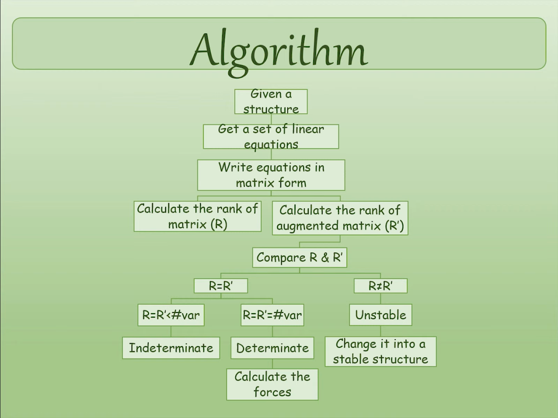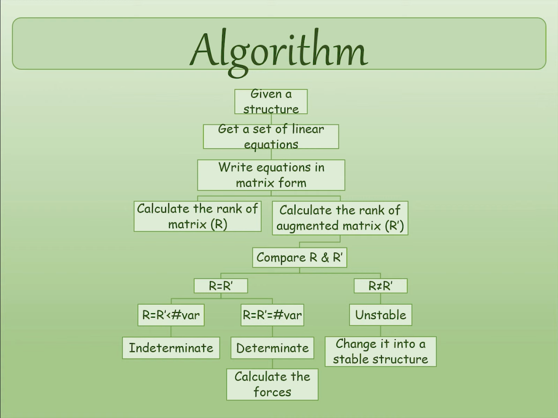If R equals R prime, we know there is one or more solutions to this linear system, which means the input structure is stable. Under this condition, if R equals R prime, but they are smaller than the number of variables, then it's called an indeterminate structure, which means there are some extra restrictions in it, so we can't find out the force everywhere since it has multiple solutions.